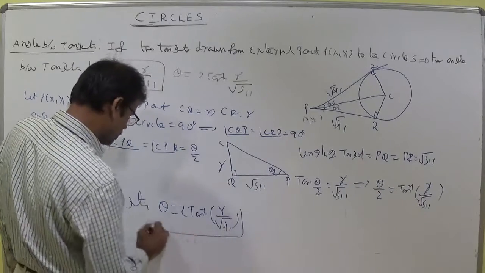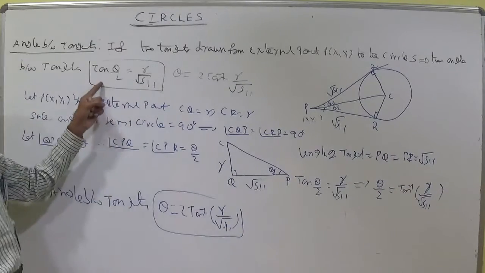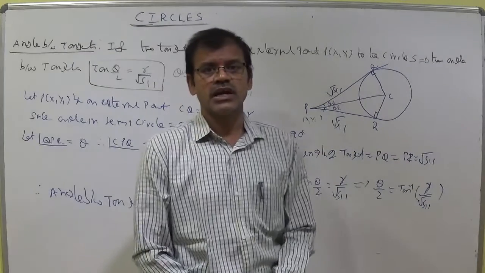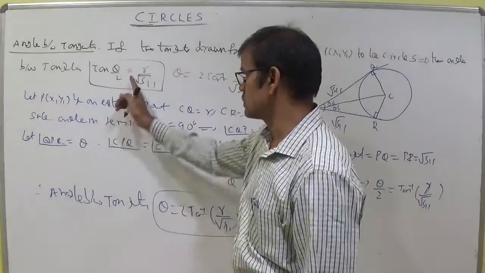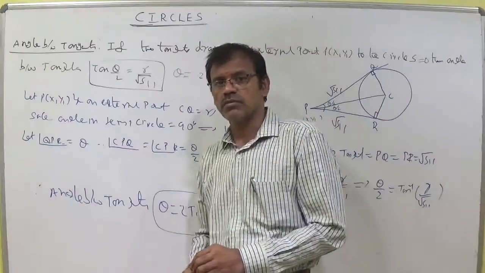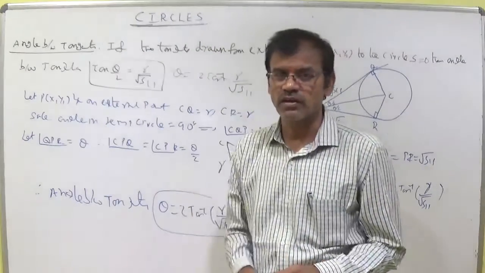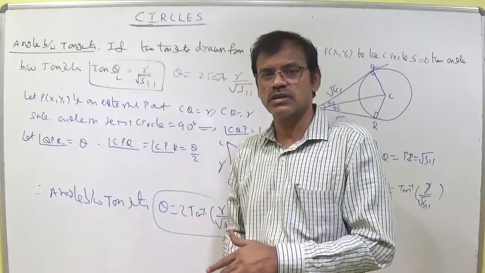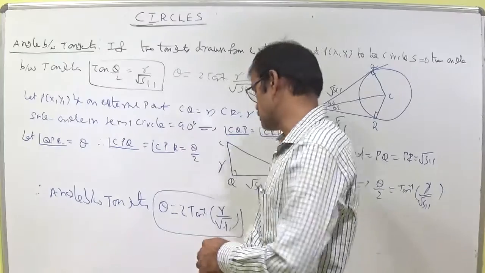You need not remember like this. Remember it like this only: the formula for the angle between two tangents is tan(theta/2) = r/root S11. You should not forget it from today onwards. So many sums are there in objective and IP also.